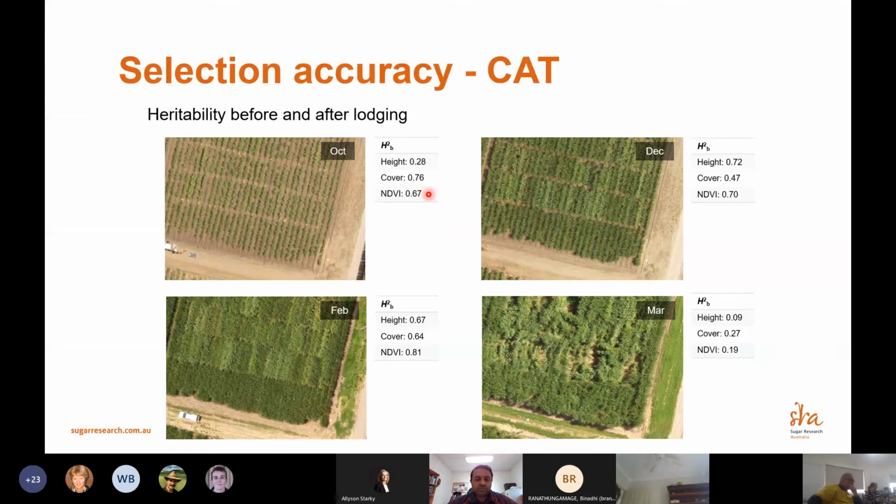So you could think of it as accuracy of the phenotype, and the closer it is to 1, the more accurate it is. In October, we could see that NDVI values were around 0.67, and as we move through to December, 0.7, February 0.8, and when we get closer to March, there could have been a lodging event or just competition effects, and we get a really poor phenotyping accuracy.